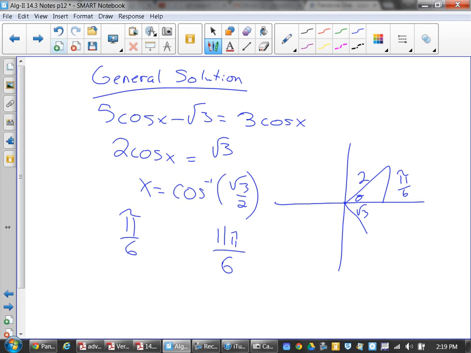Are those 2 angles equidistant from one another as you're spinning around? No. Since they're not, you tack on the 2 pi n. The only time that you will ever have to worry about tacking on the pi over 2 n was when?